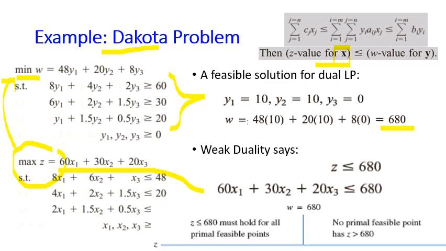So again, if we draw a graph, we can say that if we have a dual solution and compute the W, then any feasible solution for the primal must have a Z value less than or equal to 680. In other words, it is impossible to find a feasible solution for the primal that has a Z value greater than 680.